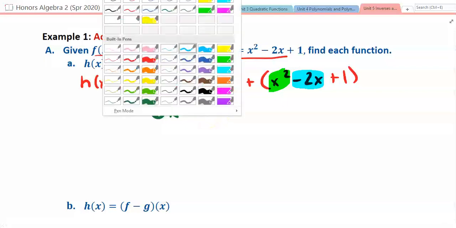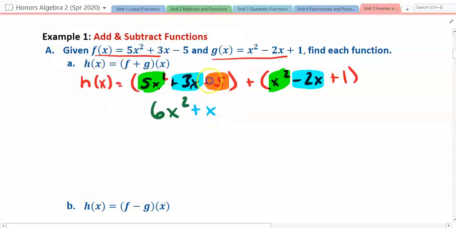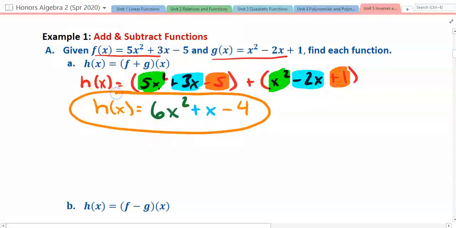And then we're going to take the minus 5 and the plus 1, so negative 5 plus positive 1, and so that would give us a negative 4. And so h of x is equal to this function here. And so it's just that simple. Again, it's nothing crazy complicated. It's just adding together our like terms like we've done before.